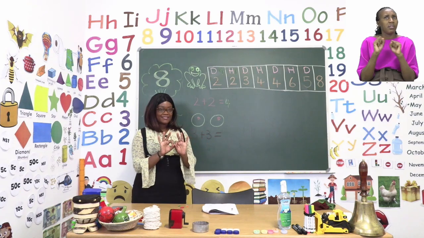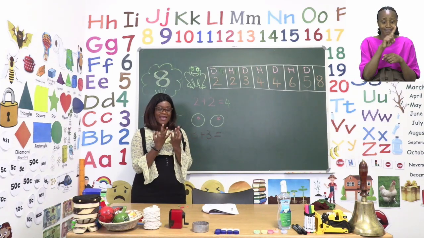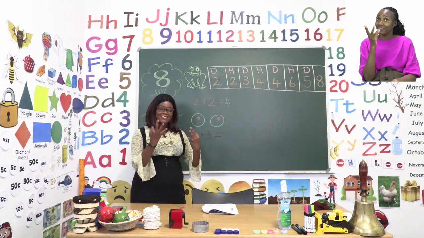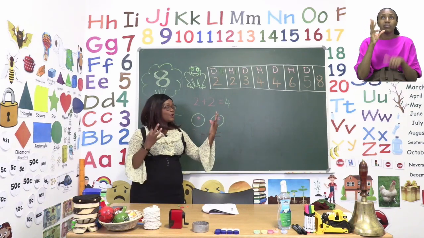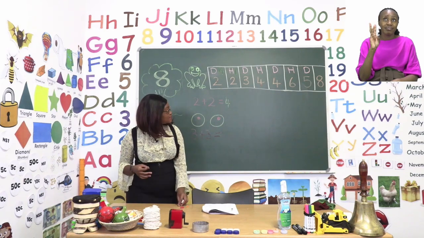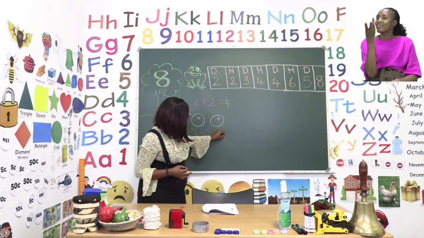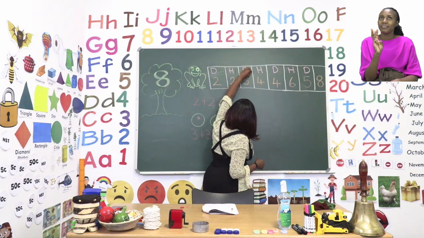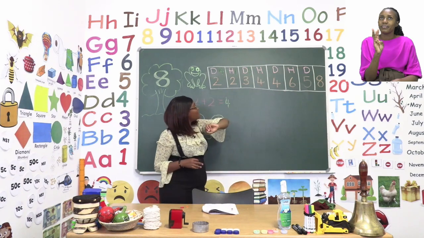If I put them together, they make, well done, they make 6. 1, 2, 3, 4, 5, 6. So that means our answer, boys and girls, is 6. Wow, we're getting closer and closer.